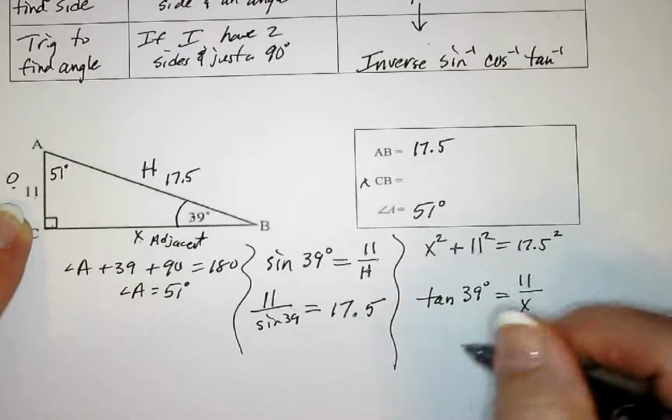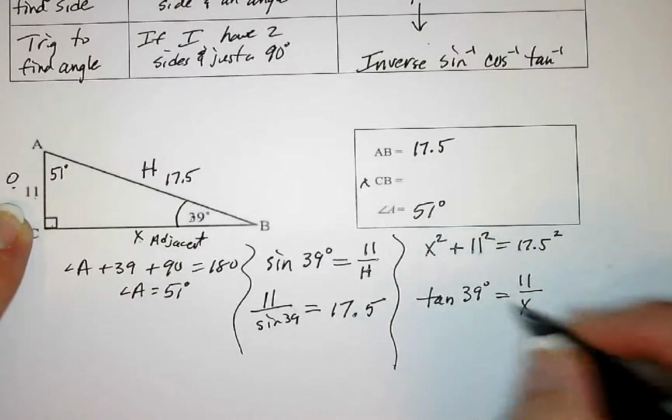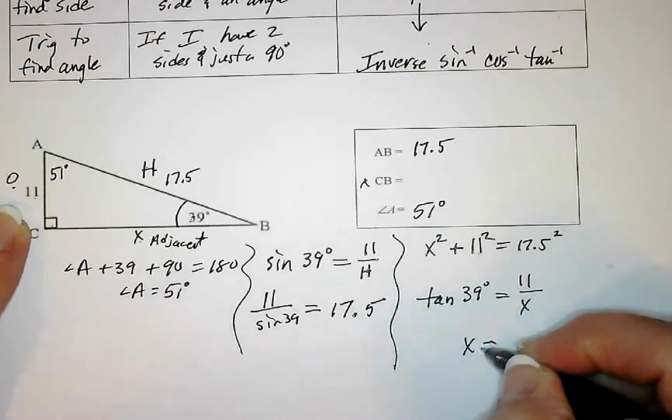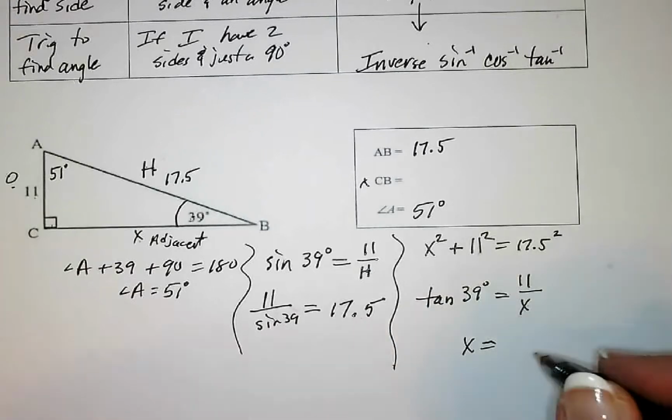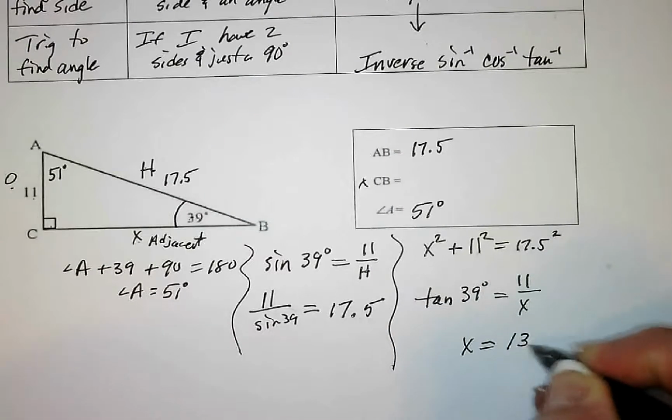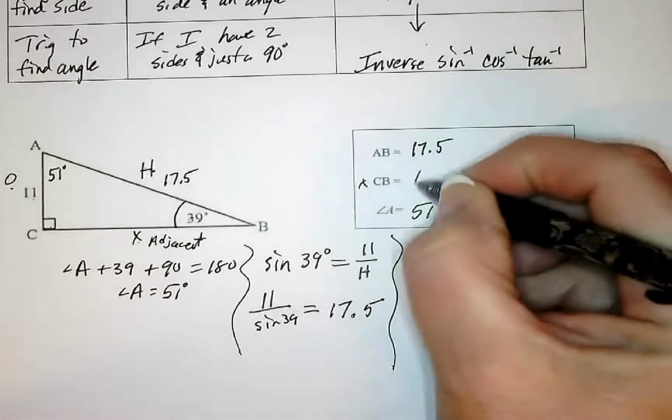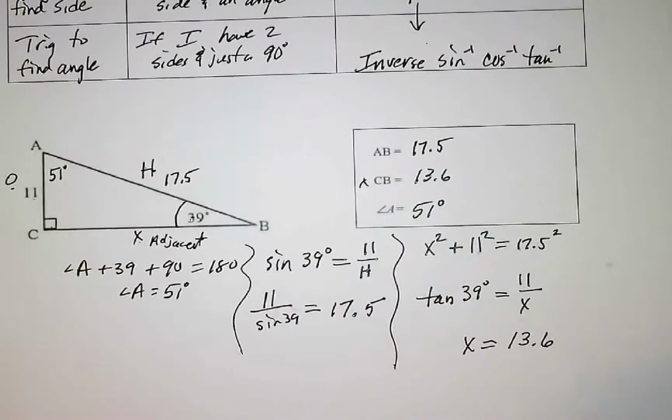So to find x, and again, this is a side, I would get 11 divided by tan 39. Round to the nearest tenth, I'd get 13.6. There you go, done. That's how you find all the pieces and parts of a right triangle.